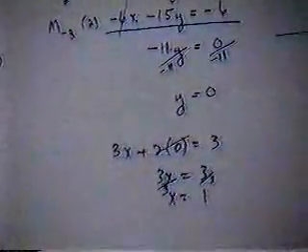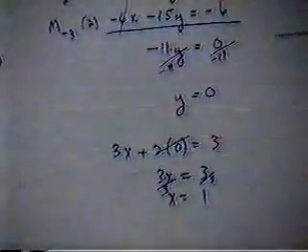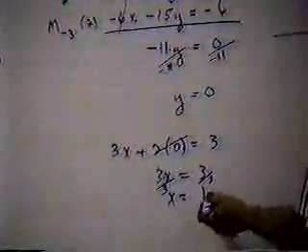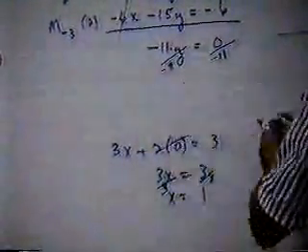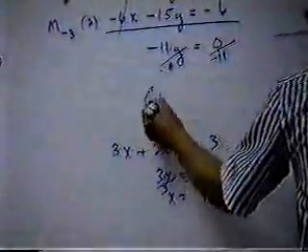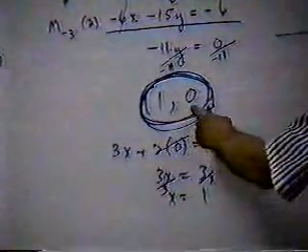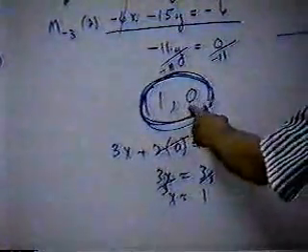Therefore, that means my solution set is x equals 1, y equals 0. So x equals 1, y equals 0 is the solution set. That means the lines are consistent. That means they intersect with one solution.